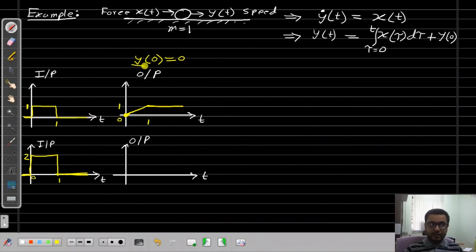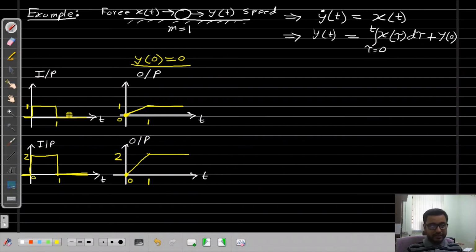Once again we are starting from the output y0 equal to 0, initial velocity equal to 0. So initial velocity is 0, then velocity will increase for 1 second, and it will increase at a double rate because the force is double, and then it will become constant. So this is t equal to 1, t equal to 0, and here the final speed will be 2.